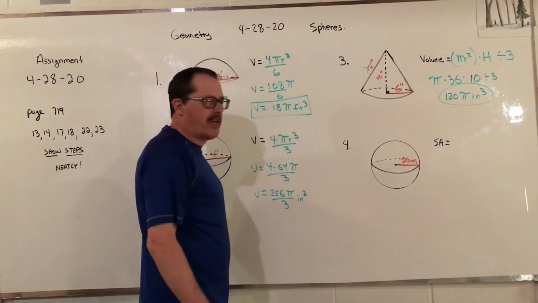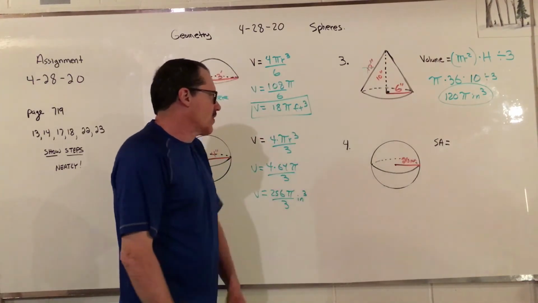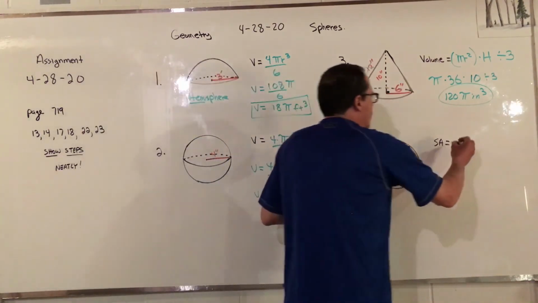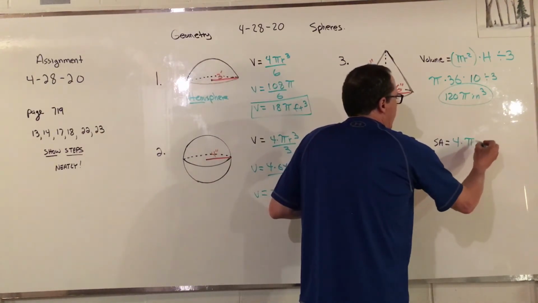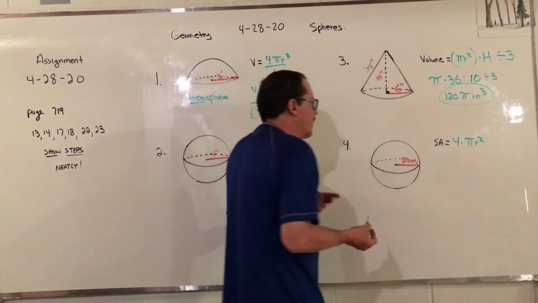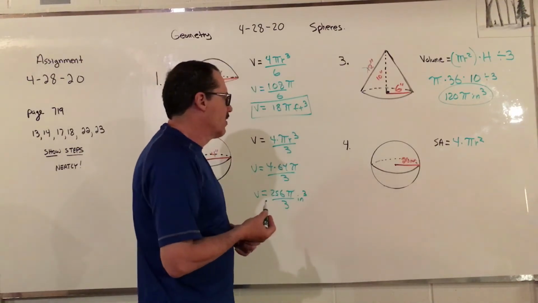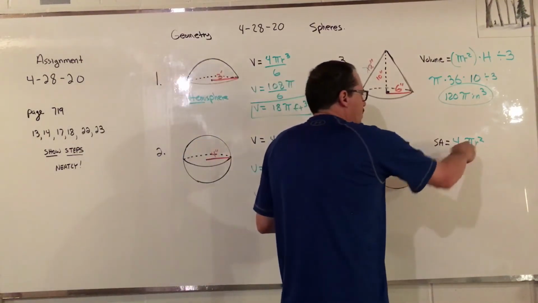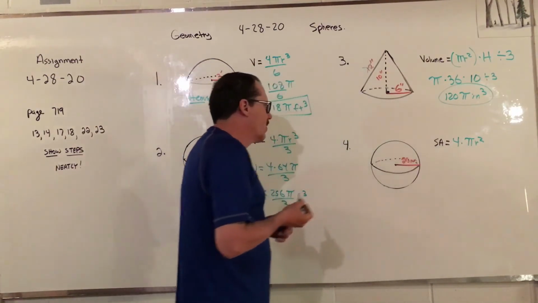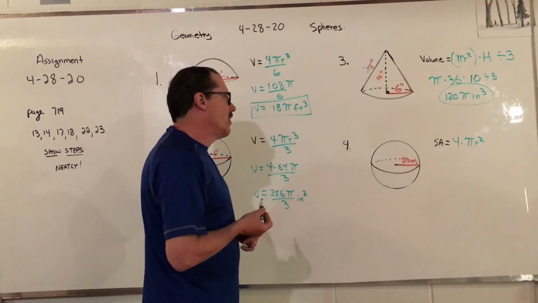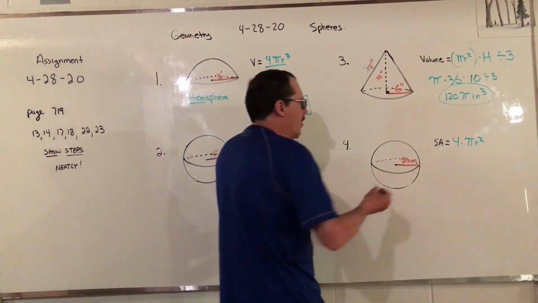Okay, and the last one I'll look at for review is the surface area. Surface area for a sphere is 4 circles. So I just go 4 times pi r squared. That's how I remember it. It's 4 circles, because I think that's kind of wild. So again, let's just leave the answer in terms of pi. The radius is 20, so 20 squared would be 400.